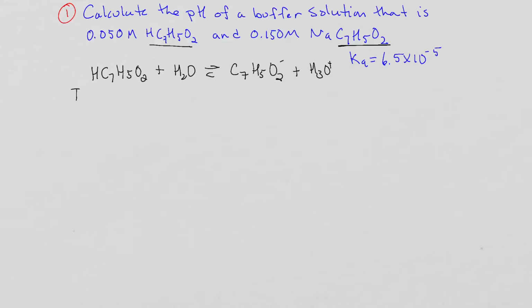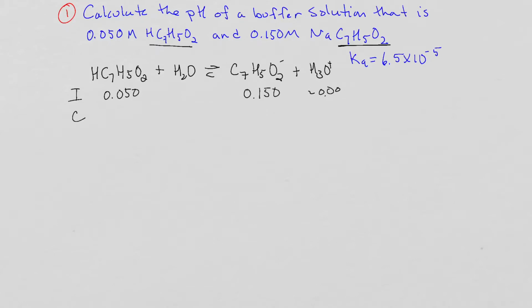So our initial concentrations here. Our acid is 0.050. Our conjugate base, now this is where we have the big difference, right? In a typical weak acid equilibrium that we've done in the past, right, these have been 0 at the initial. So the difference with a buffer is that we do have an initial concentration of our conjugate base. Our hydronium ion is still approximately 0.